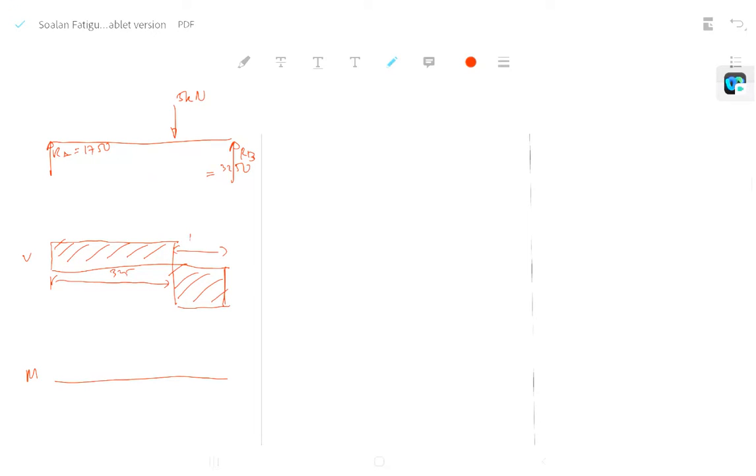You will get the moment diagram like this. So 325 multiply 1750.